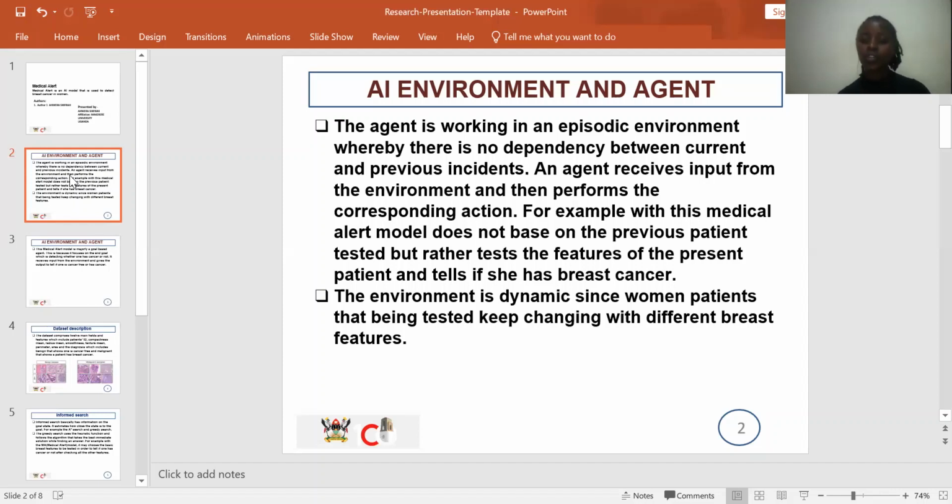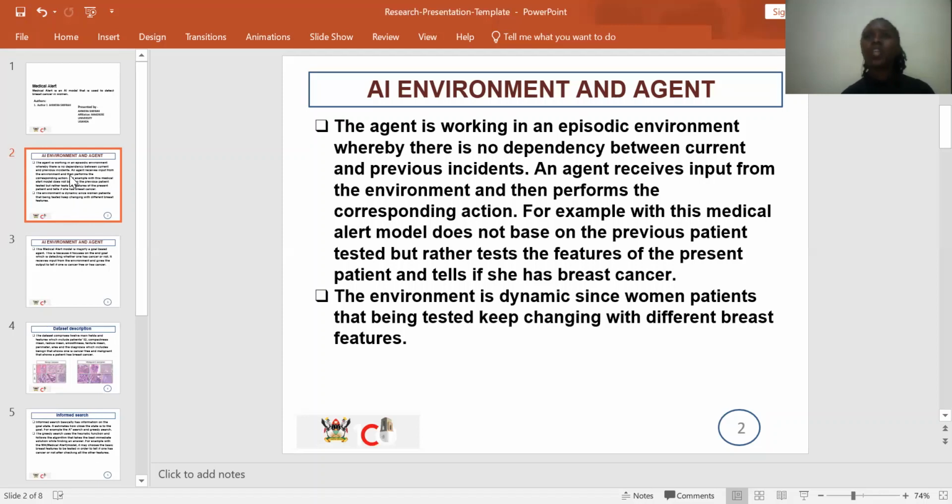And then when another patient comes, it will have to check this patient newly, not basing on any other patient that it has checked, and then it will tell if this one also has cancer or not, meaning that the environment is episodic.